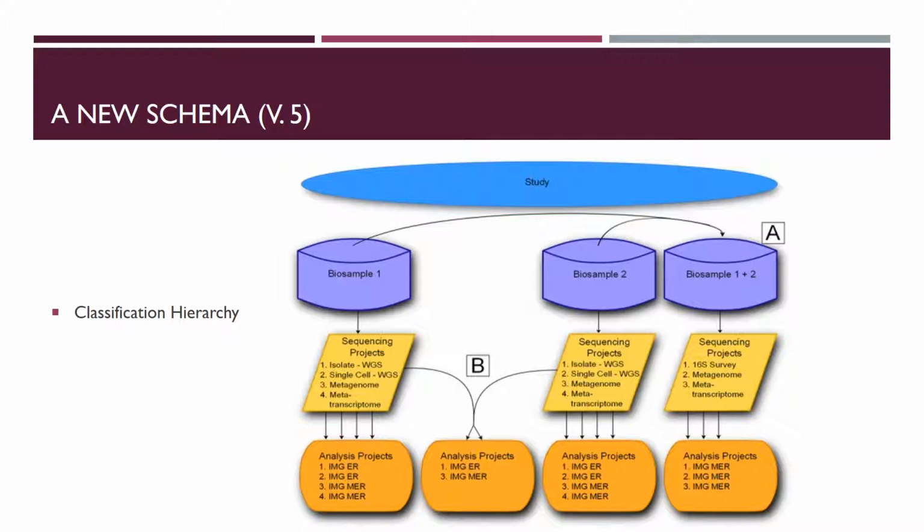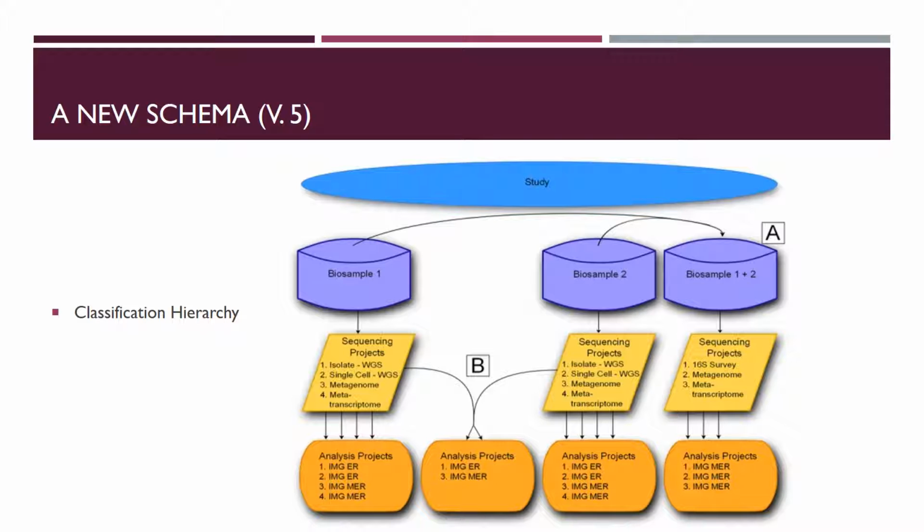Biosamples provide a description of the individual environment sample from which the organism or genetic material was isolated for downstream sequencing projects. Each sequencing project can contain 1 or more analysis projects. So materials from 1 biosample can be the basis for more than 1 sequencing project. And analysis projects represent individual data processing methodologies or approaches that are undertaken for a given sequencing project.